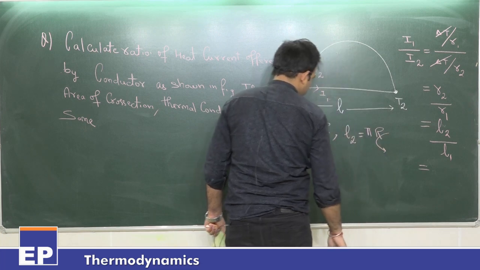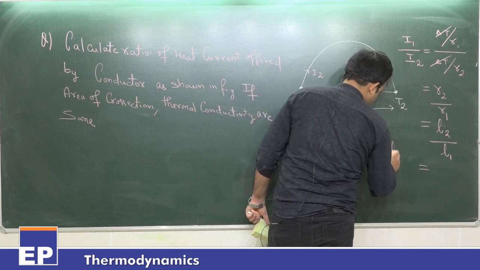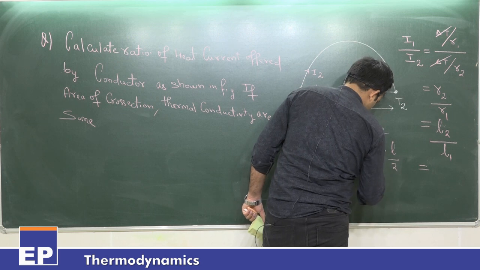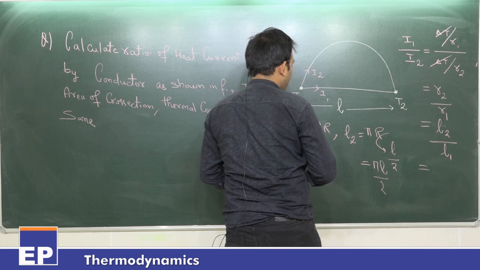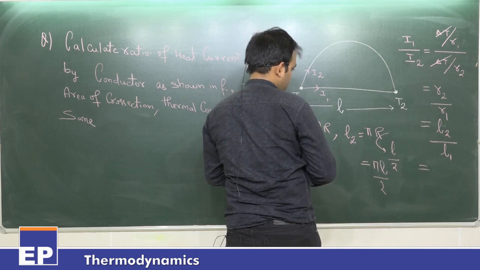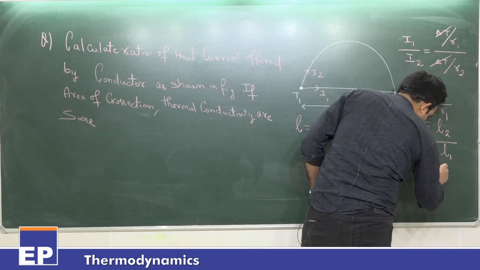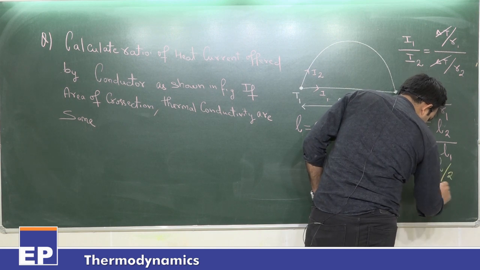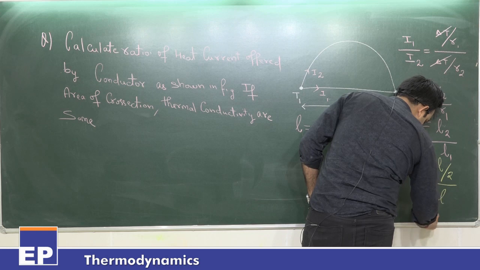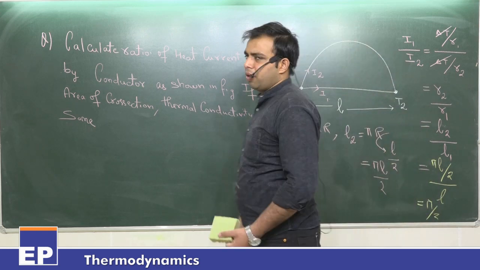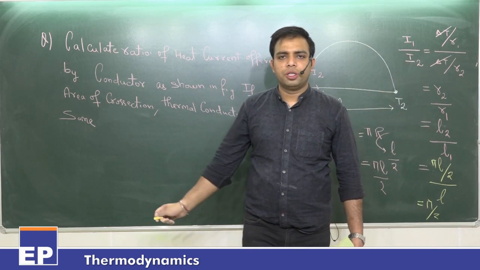What is r? L by 2. So this is pi L by 2. So it is L2 by L1. This is pi L by 2 by L. This is pi by 2. Right? So that is the value of the ratio of heat current offered by these two conductors.